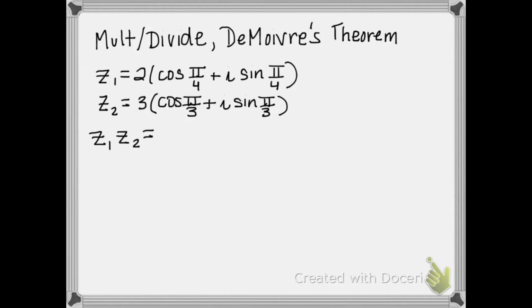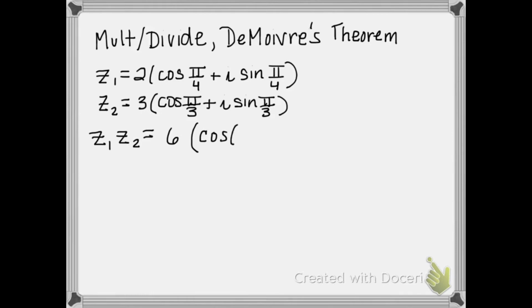And I'm going to multiply the real part here, 2 times 3. And then to multiply the rest of this times this, hopefully you recall that we are going to add the angles. So I'm going to do pi over 4 plus pi over 3.